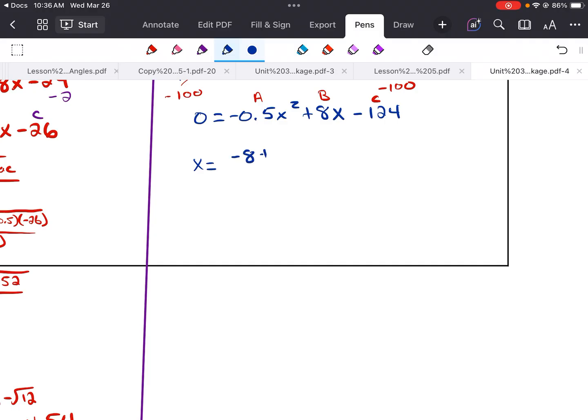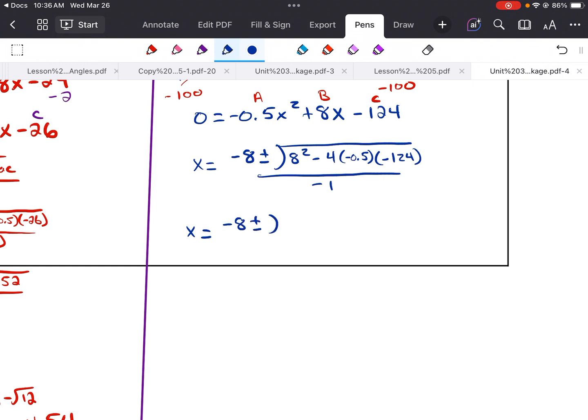So we set it up the same as the last time. 8 squared minus 4 times negative 0.5 multiplied by negative 124. Okay, if we do all the stuff inside the radical all at once on the calculator, we get 64 minus 248, which is negative 184.